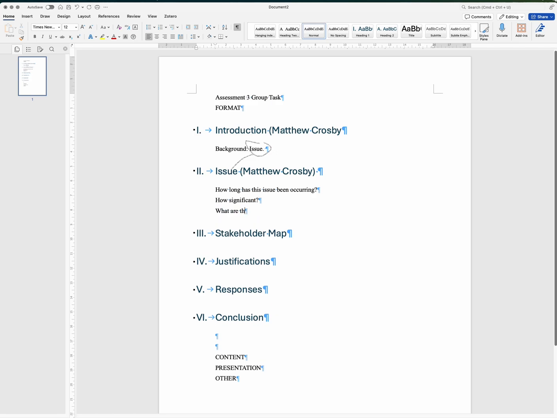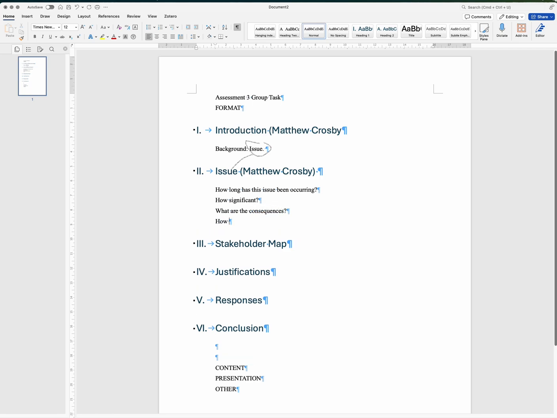What are the consequences? How does it relate to sustainability? And so you see with these questions, how long has this issue been occurring? I would expect some research cited for this.